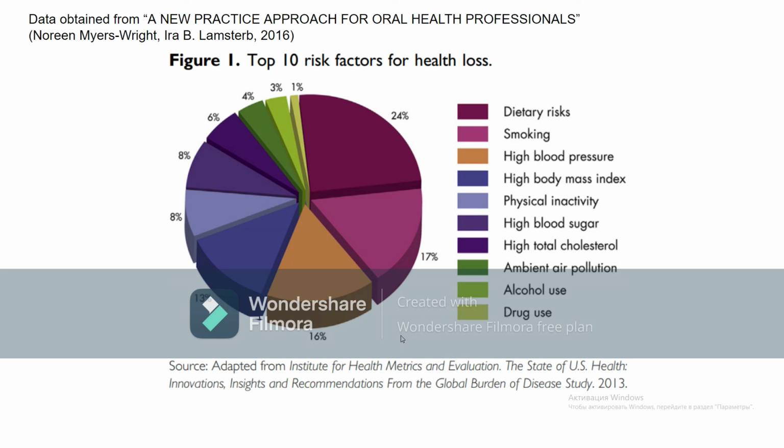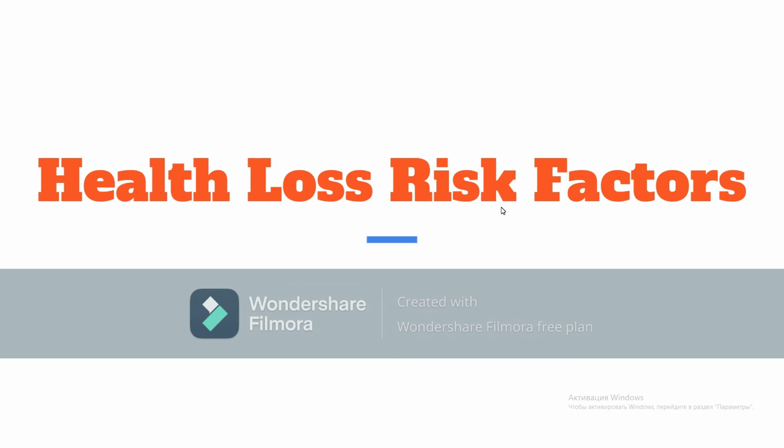Again, physical activity, of course, is a powerful tool to change the situation from some pathogenic orientation to a more healthy shore that we should try to drift to. So here we are completing the health loss risk factors lecture.